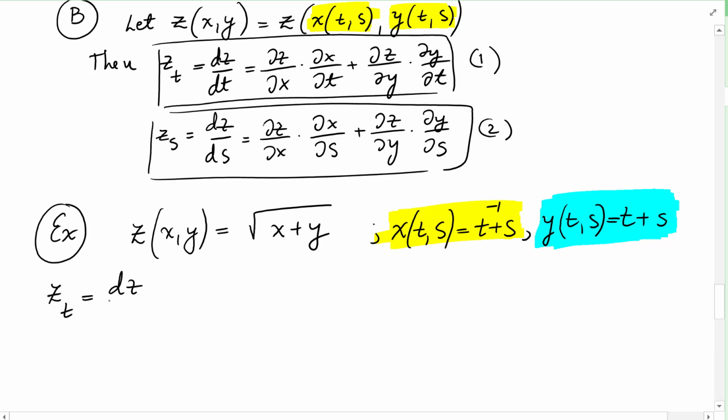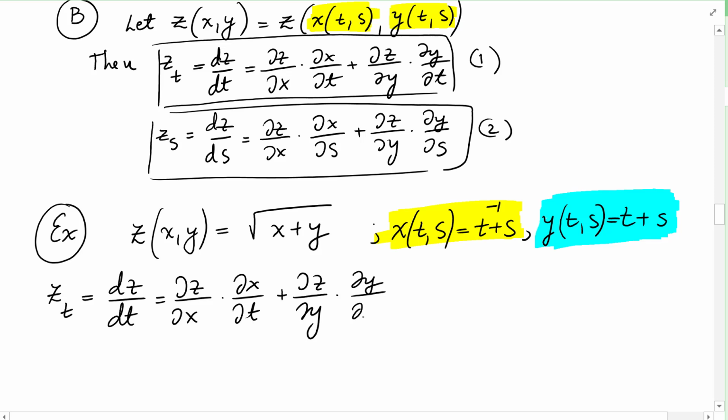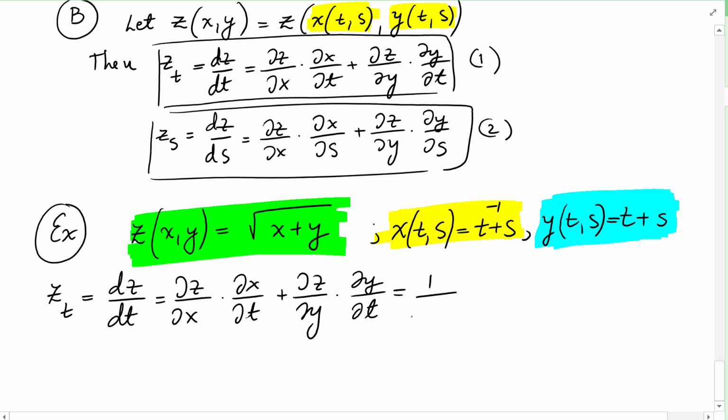So that means dz/dt, which is dz/dx times dx/dt plus dz/dy times dy/dt. So that means dz/dx is, we look at the function, this is our function, and dz/dx is given by 1 over 2 square root of x plus y times dx/dt.